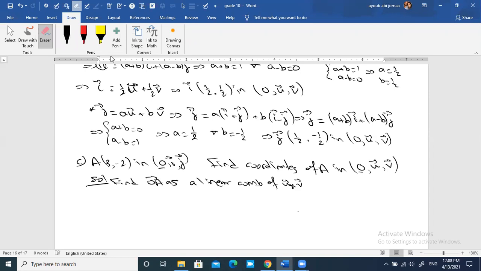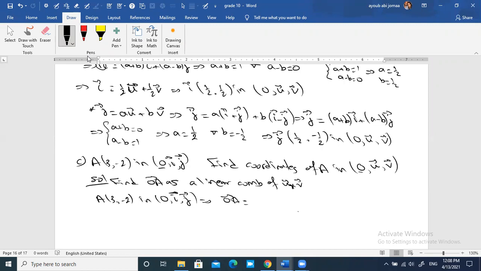Back to OA. A has coordinates 3, negative 2 in the system OIJ. That means vector OA, write it in terms of I and J. What are the components of OA in terms of I and J?